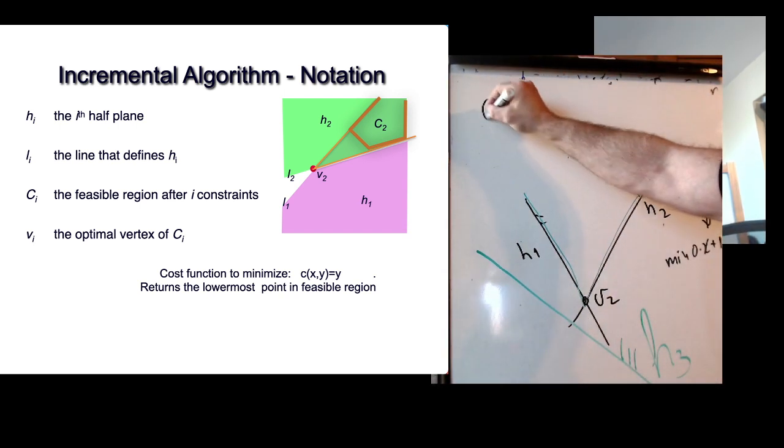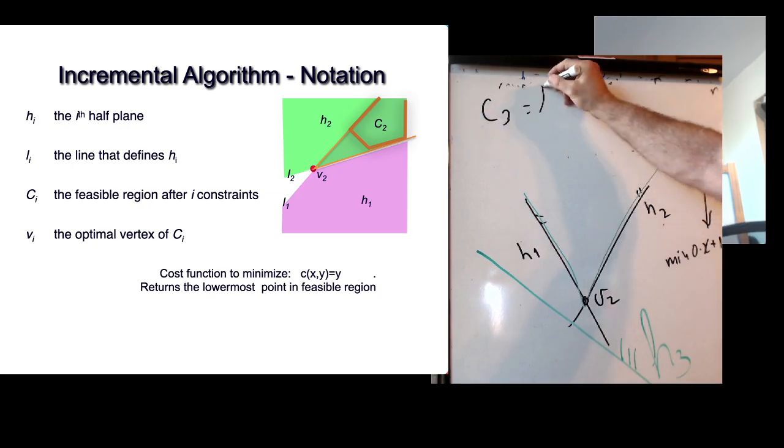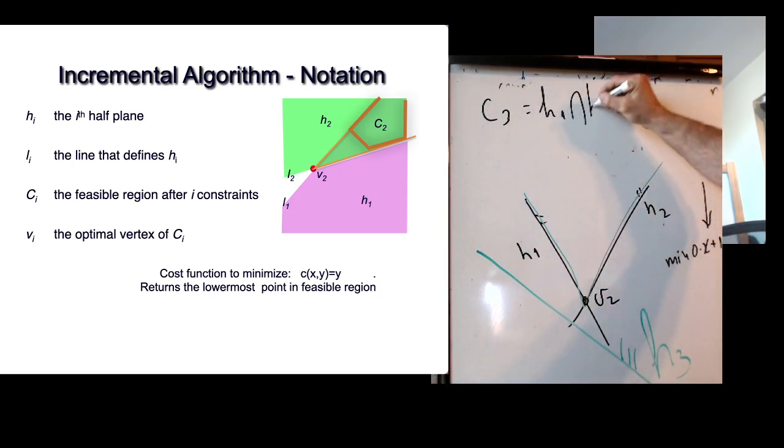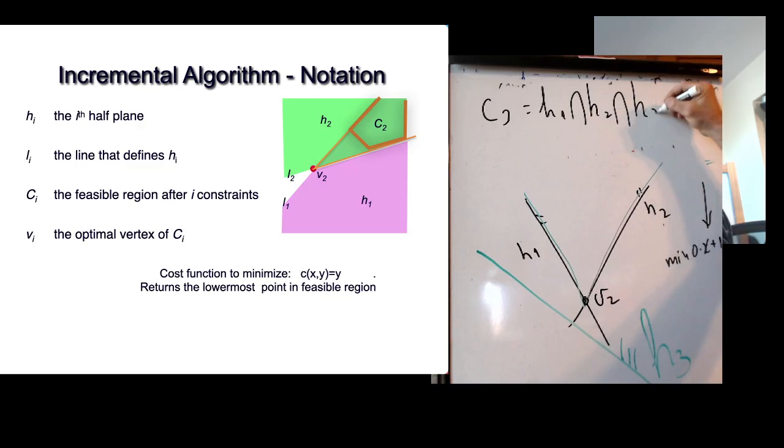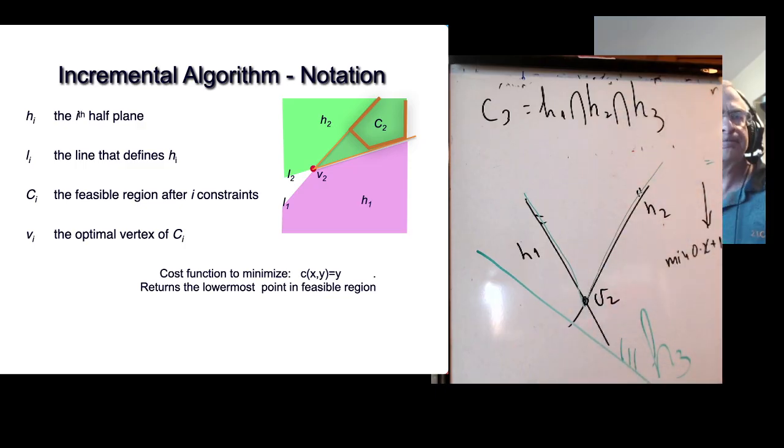So C3 is edge 1 intersection edge 2 intersection edge 3, and in this example, what is C3?